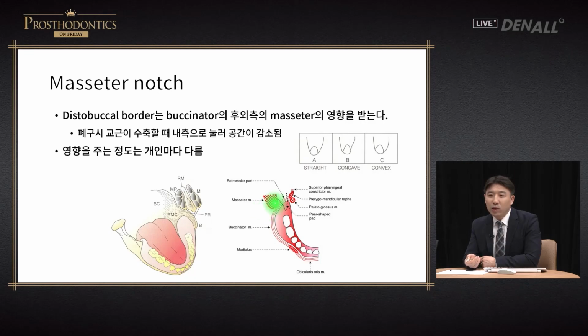Patients with a strongly developed masseter muscle, this diagonal area, at times we need to make the denture concave here. There are 3 types. Patients with a strongly developed masseter muscle, you need to make this area concave.